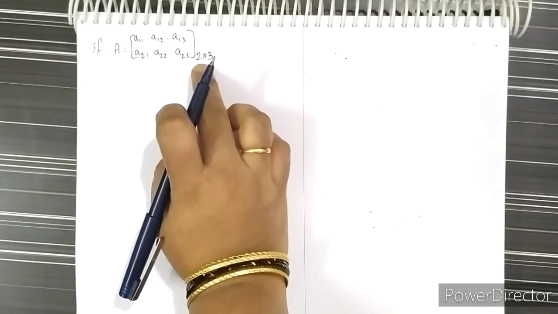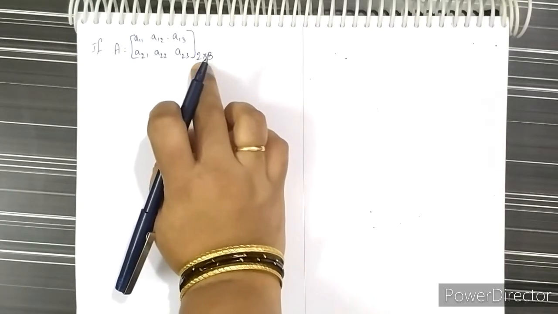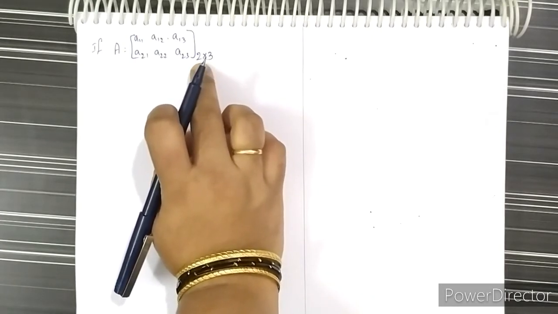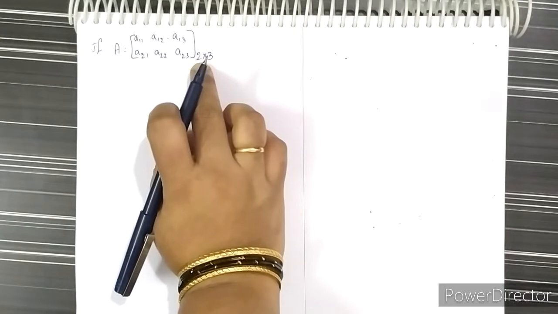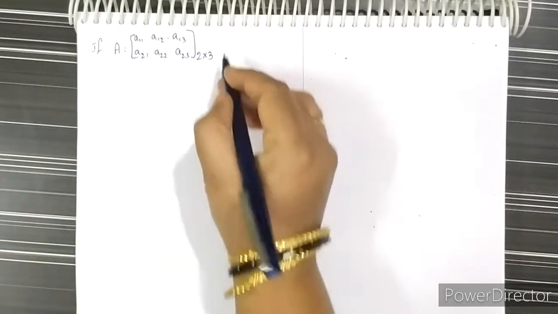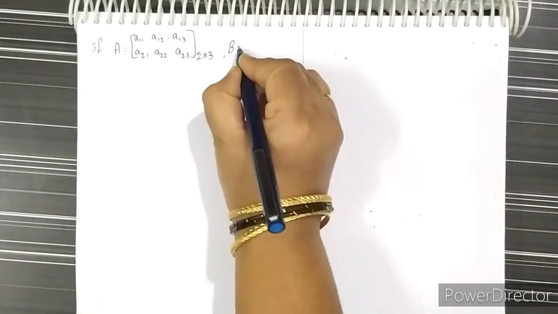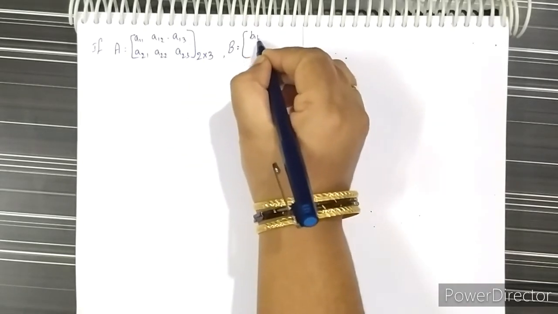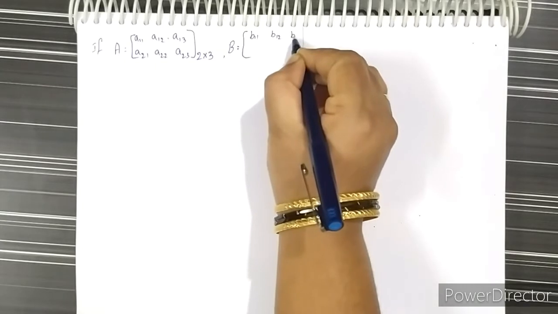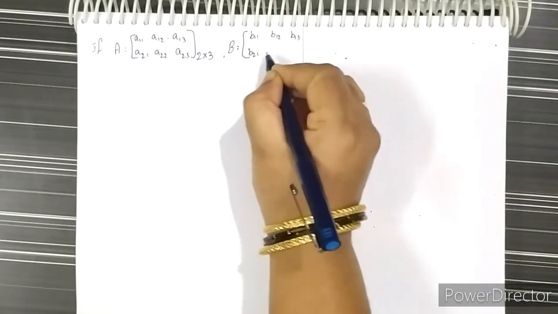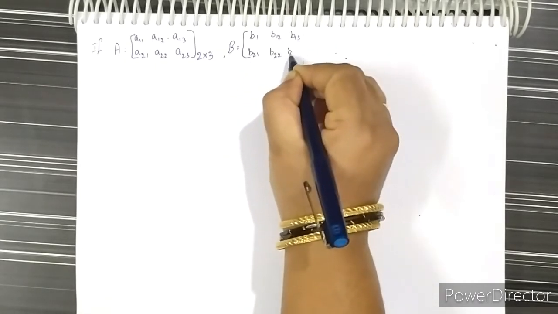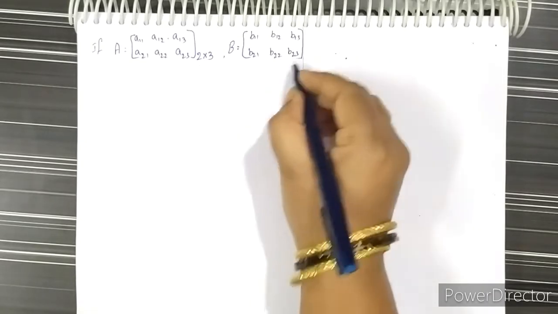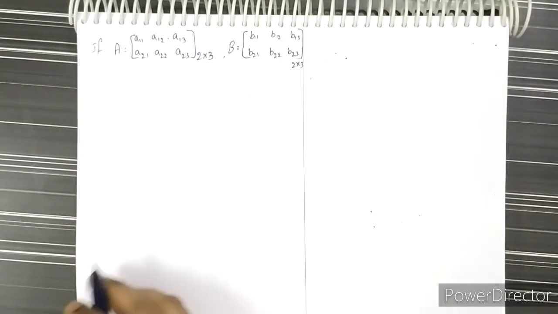The number of rows by the number of columns, so 2 by 3. Take the matrix B, which also has the same order 2 by 3, with entries B11, B12, B13, B21, B22, B23.